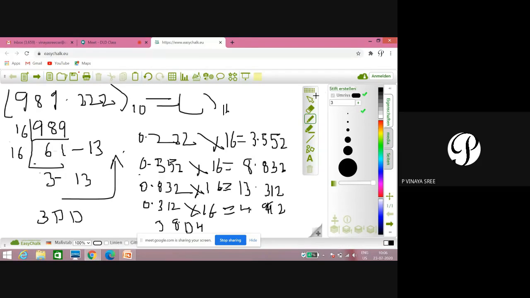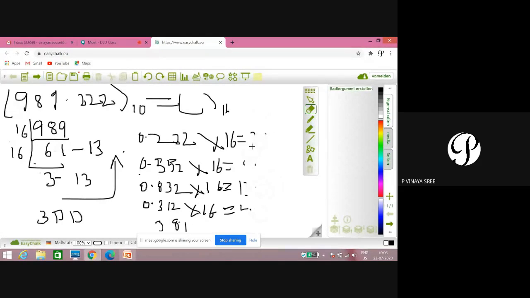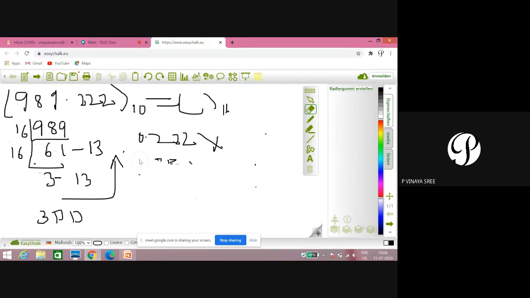Okay, let me go for the other conversions. What is the next point in your notes? The first point, decimal to other conversions, is completed: decimal to binary, decimal to octal, decimal to hexadecimal.